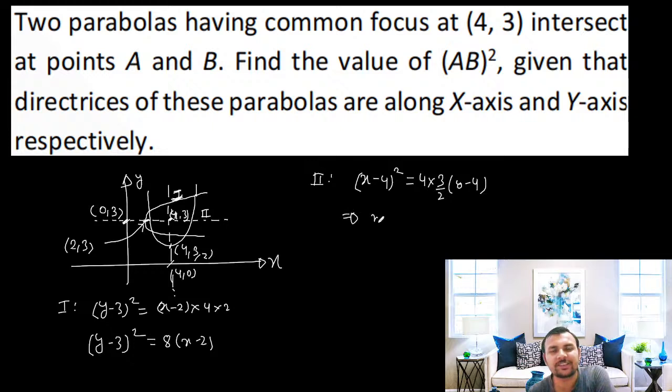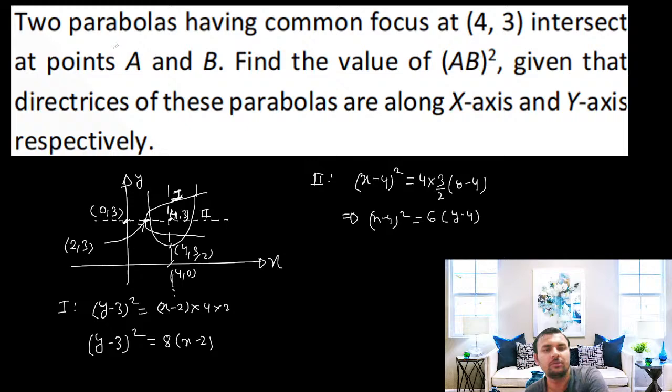So this is (x - 4) whole square equal to 6(y - 4). Now we'll solve both the equations. We have equation 1: (y - 3) whole square equal to 8(x - 2).